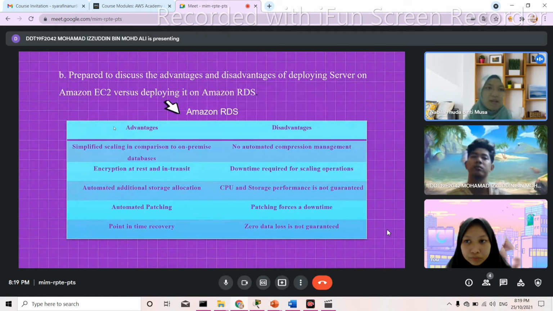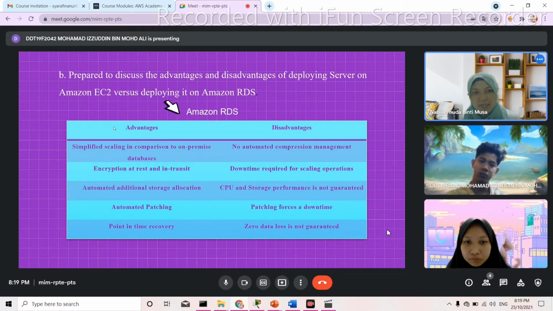And question B, prepare to discuss the advantages and disadvantages of developing a server on Amazon EC2 versus developing on Amazon RDS. Okay, Amazon RDS advantage: simplified scaling in comparison to on-premise database, and disadvantage: no automated configuration management.